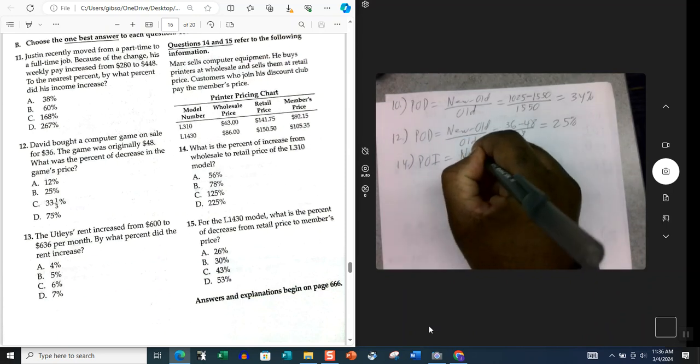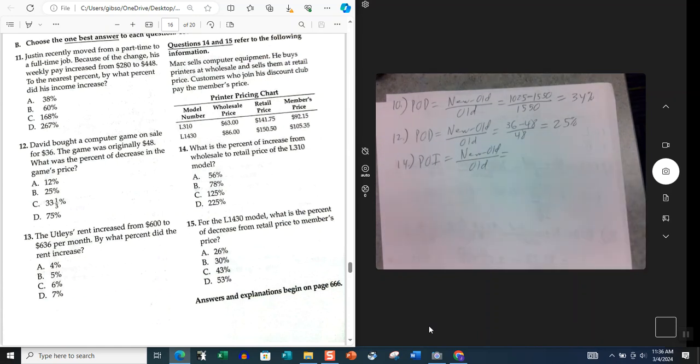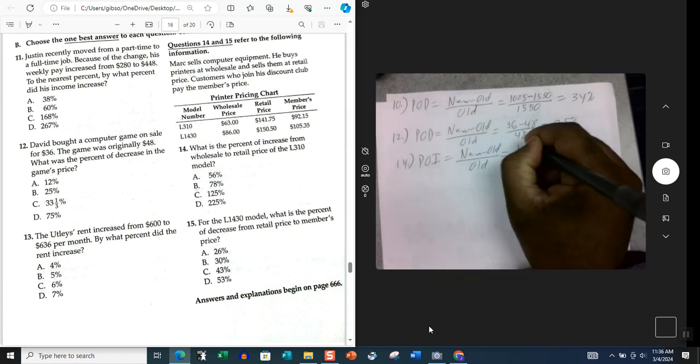So it's still new minus old divided by old. So the new price would be the retail price, because remember, he bought it wholesale.